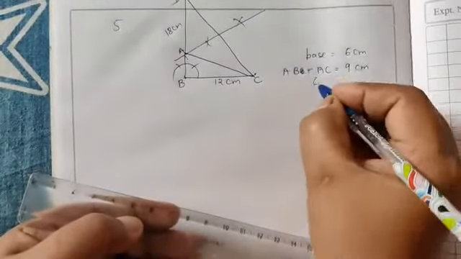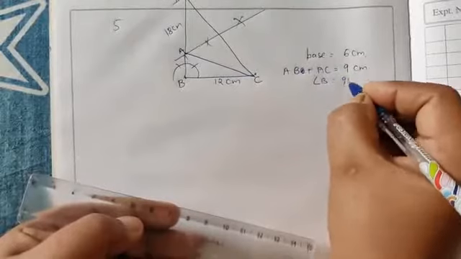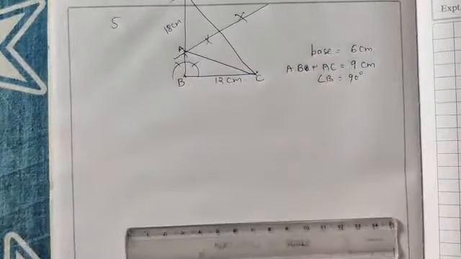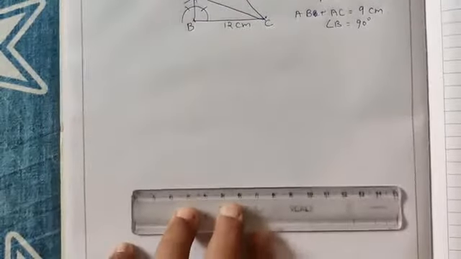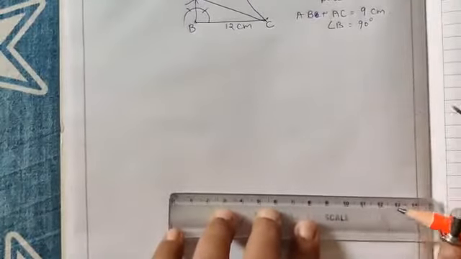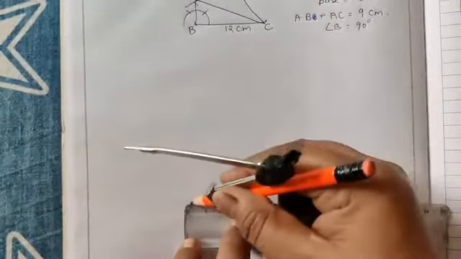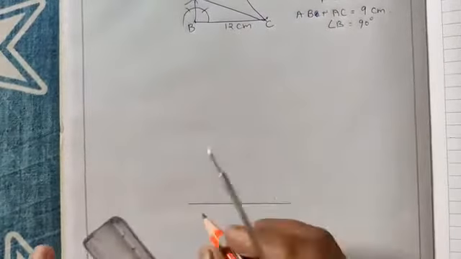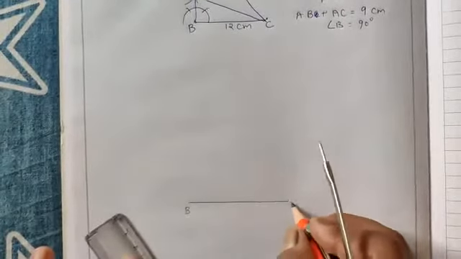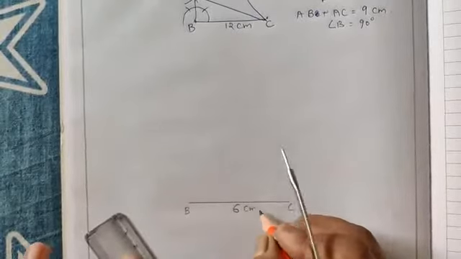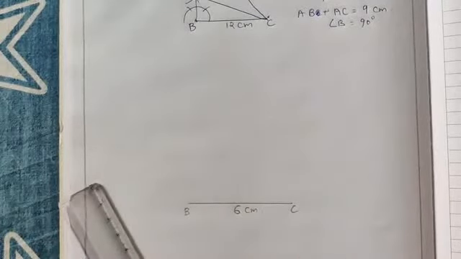And angle B equals 90 degree. Half of the dimensions: base BC 6 centimeter.